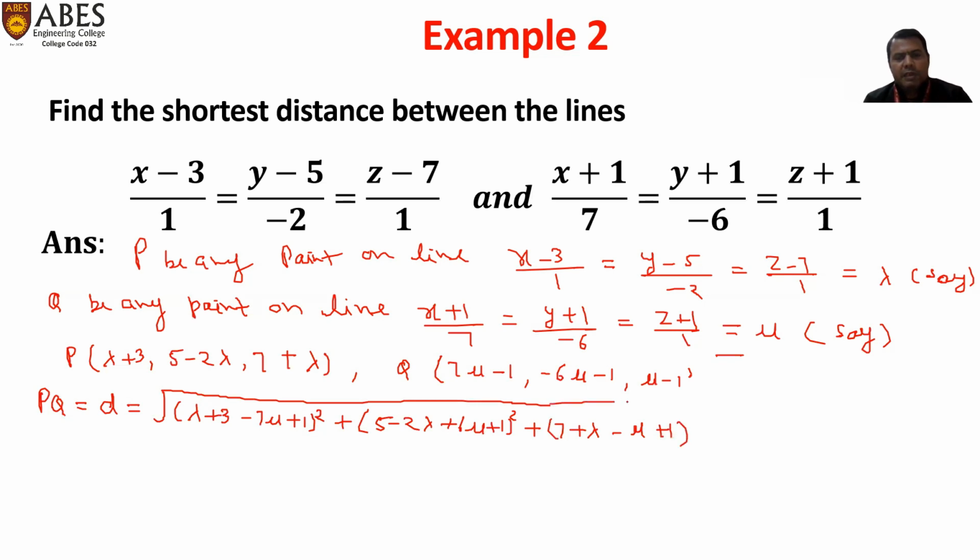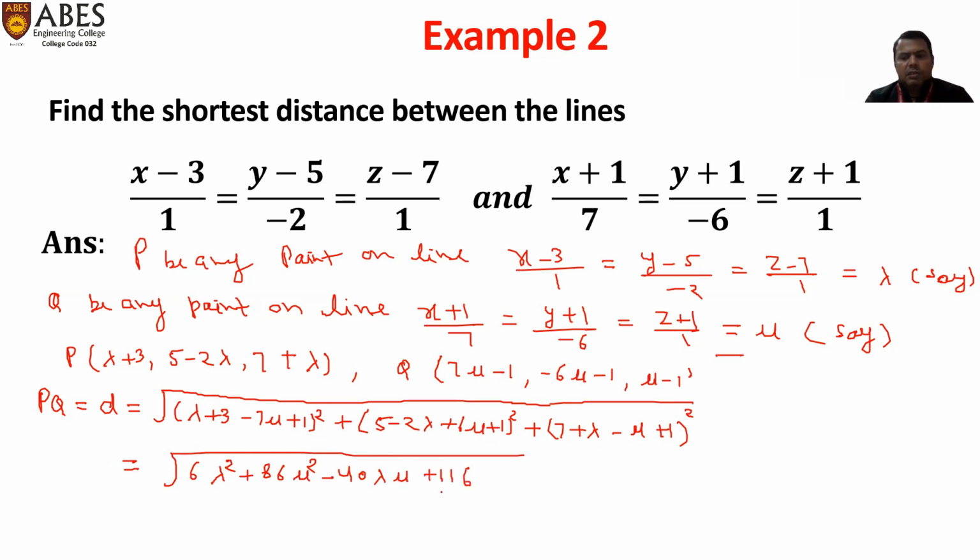So we apply the distance formula, that is (x2 minus x1) whole square plus (y2 minus y1) whole square plus (z2 minus z1) whole square. So it is the distance, and it becomes 6 lambda square plus 86 mu square minus 40 lambda mu plus 116.